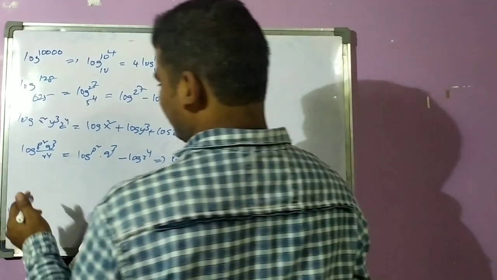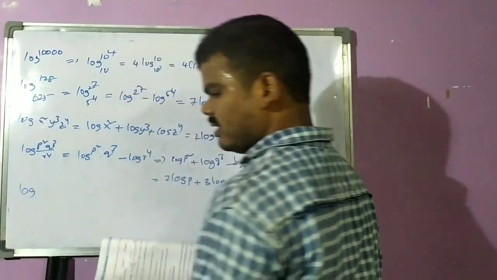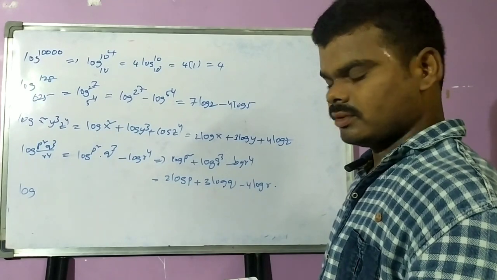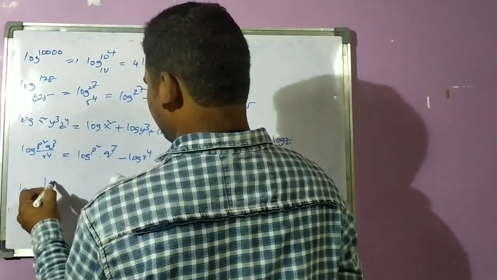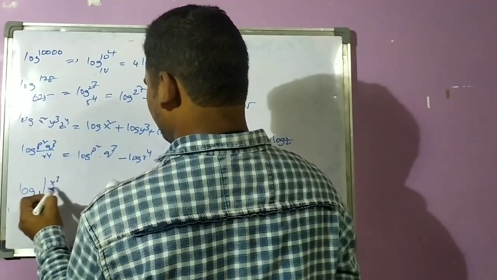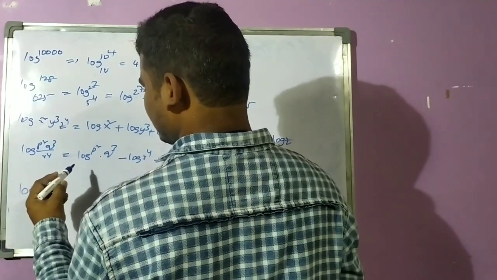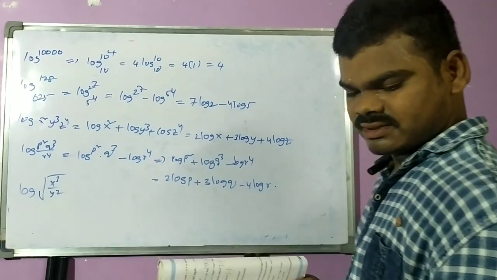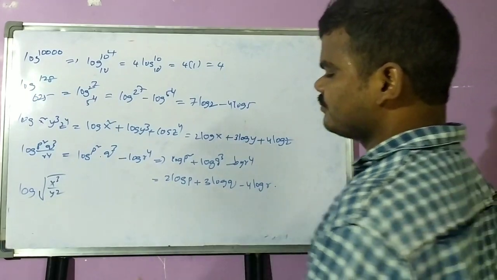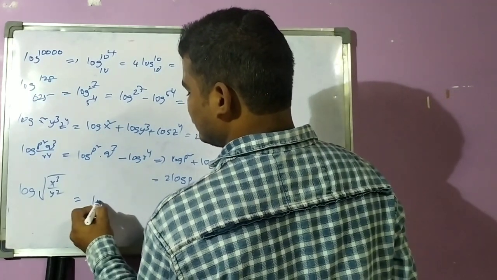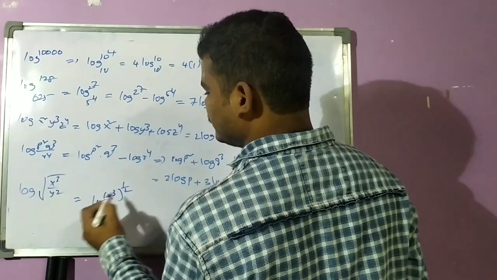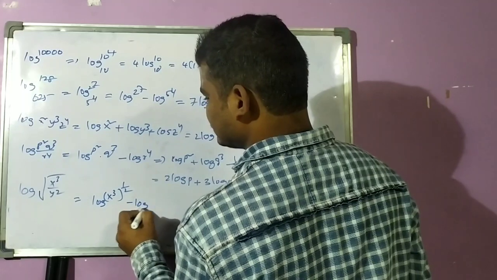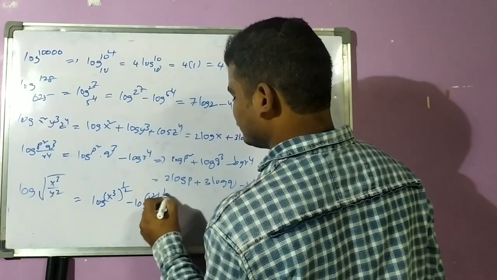Next, logarithm of square root of x cube by y square. Logarithm of x cube whole to the power of 1 by 2 minus logarithm of y square whole to the power of 1 by 2.